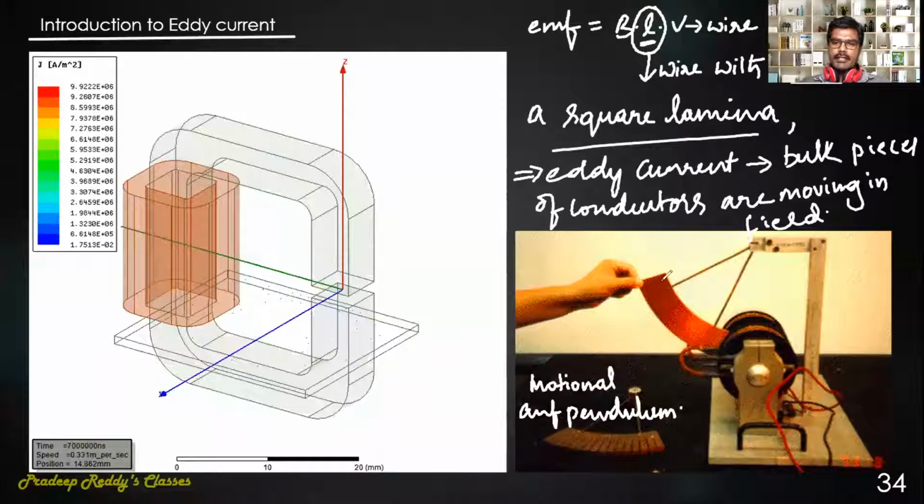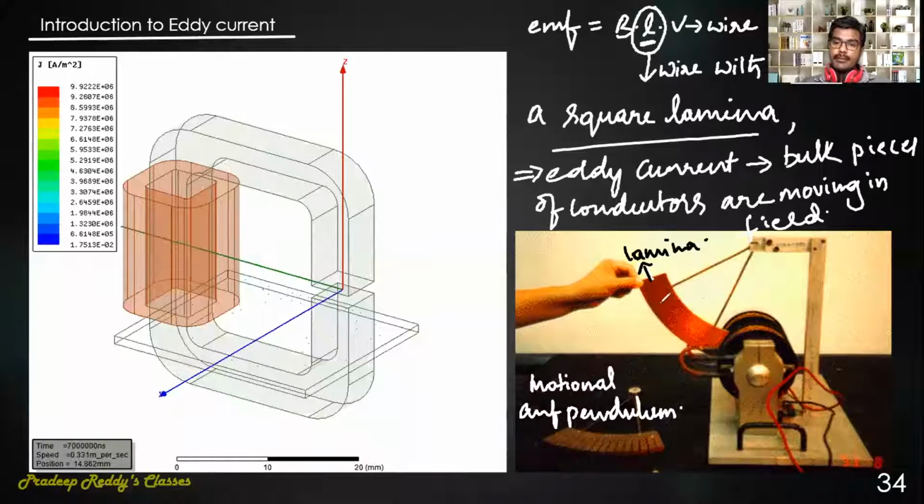Now let me take this. This is a lamina. This lamina is moving in the external magnetic field. Because of that external magnetic field, what would happen?